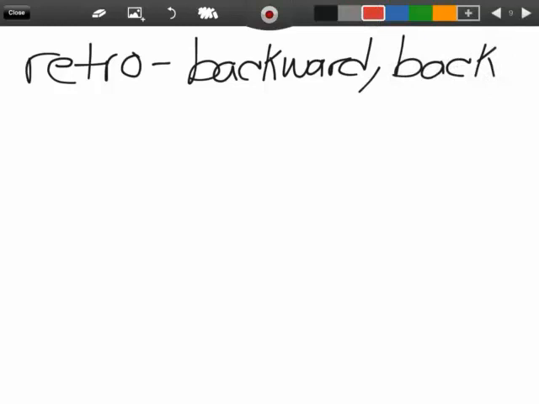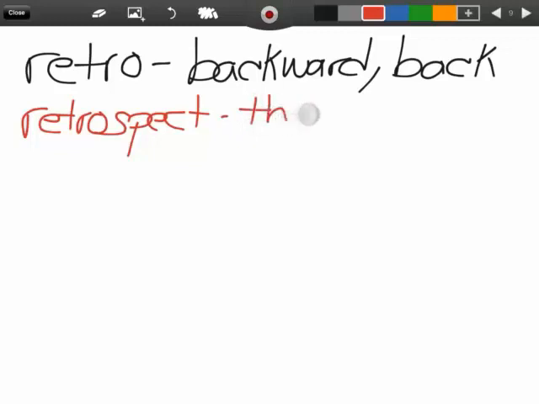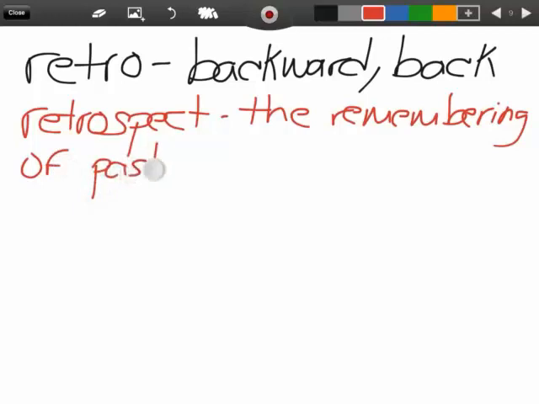And I'm going to go ahead and use that in a sentence. I'm sorry, first of all, I'm going to give you the definitions first, an example word, then I'm going to use it in a sentence. Retrospect, meaning the remembering of past events.